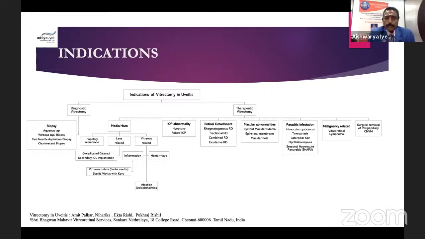And in case you have intraocular pressure abnormality, hypertonia, raised IOP, retinal detachment, it could be rhegmatogenous, tractional, combined, exudative, macular abnormalities like cystoid macular edema, epiretinal membrane, vitreomacular traction, vitreomacular hole, and parasitic infection, intraocular cysticercosis, toxocariasis, caterpillar hair, ophthalmomyiasis, seasonal hyperacute panuveitis.